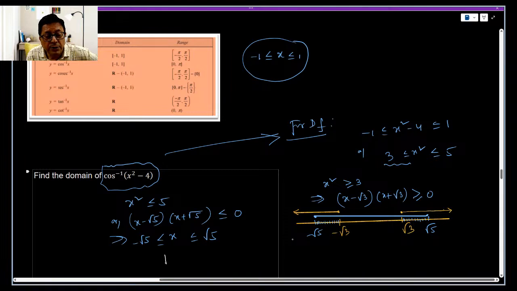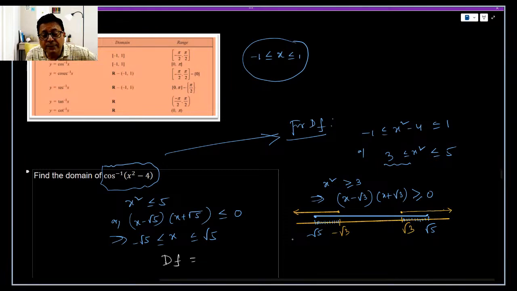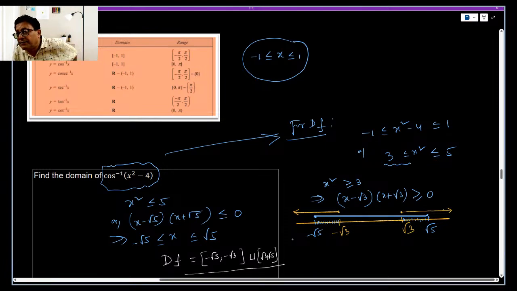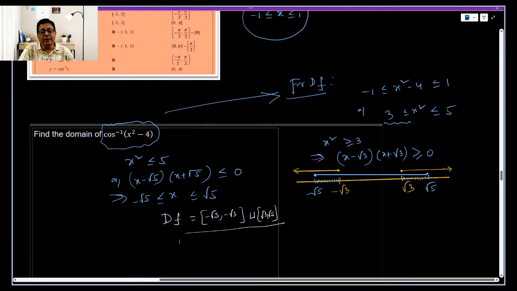Therefore, domain of the function is going to be minus root 5 to minus root 3, union root 3 to root 5. Clear? So for cos inverse of x square minus 4, domain of the function is this.